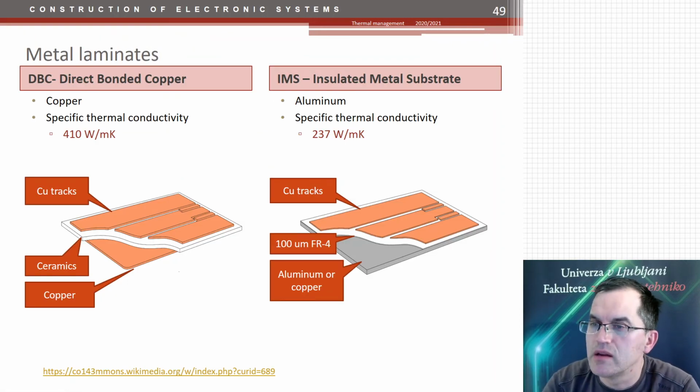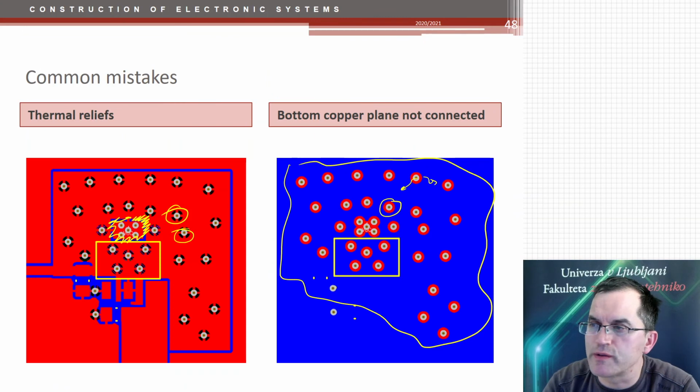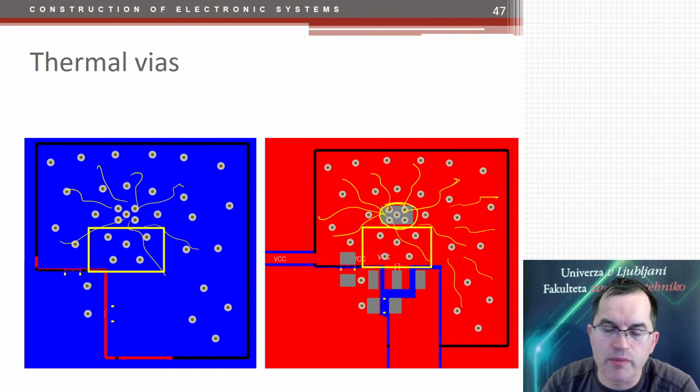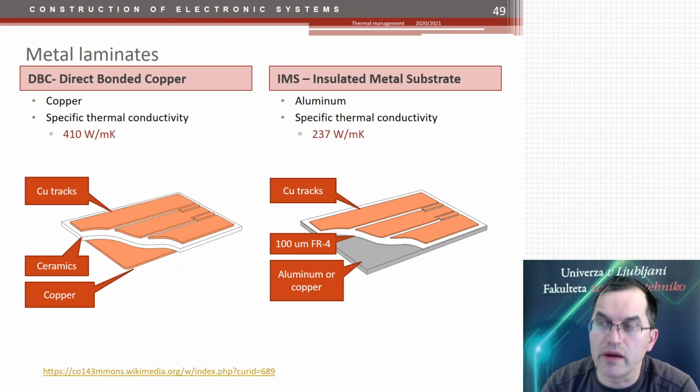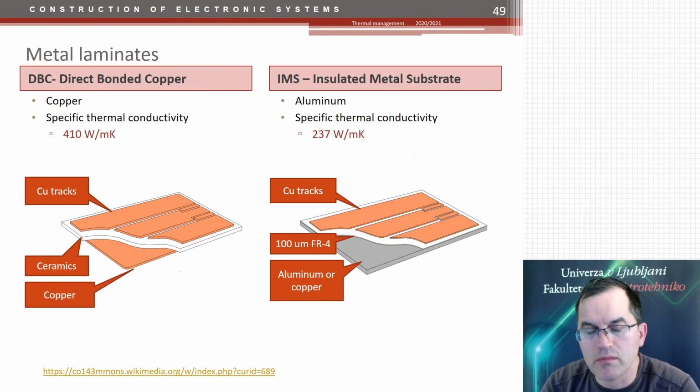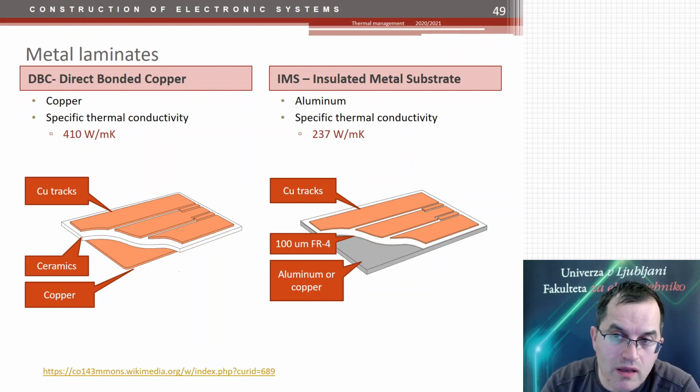They rather do a lot of different tricks with thermal wires and copper areas instead of using metal laminates. Because in metal laminates, you're also quite limited with the number of layers. Usually you have only one, which of course may be a big disadvantage.